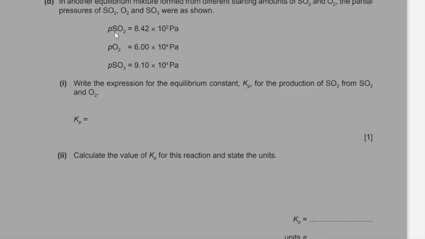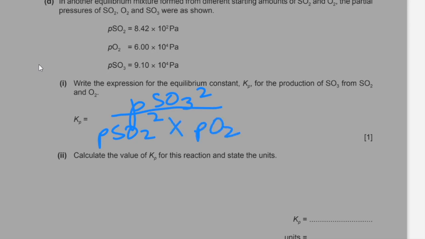So you have the products in the numerator, which is the partial pressure of sulfur trioxide, and you square it because in the equation we have 2 moles of sulfur trioxide, and then you divide it by the partial pressure of reactants. Similarly, sulfur dioxide's pressure would also be squared, and then you multiply that with the partial pressure of oxygen.